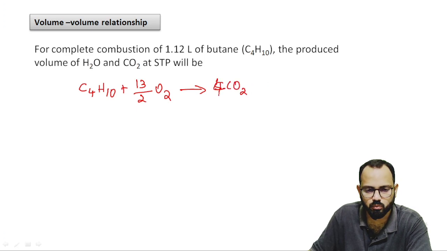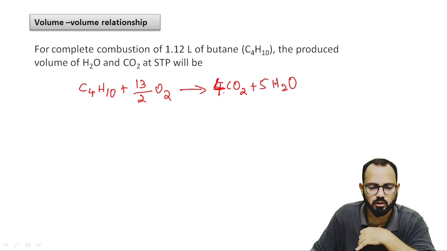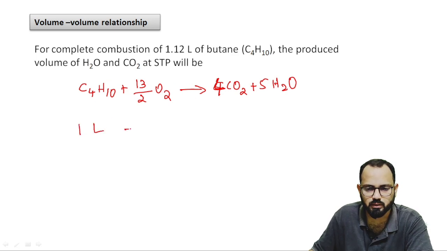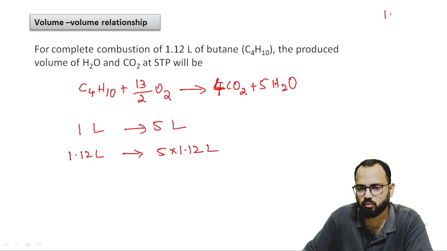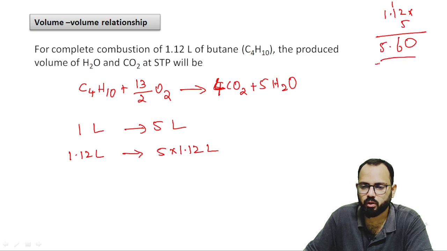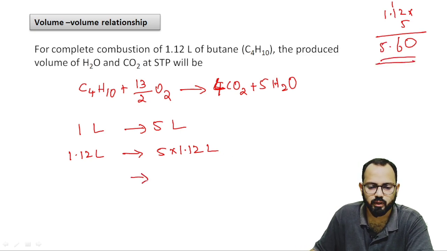Sorry, 4 CO2 plus 5 H2O, right? Yes, it was right. Now 1 liter of butane is giving you 5 liters of water. So 1.12 liters of butane will give you 5 into 1.12 liters of water. That is easy, right? 1.12 into 5 is 5.6 liters. So you are going to get 5.6 liters of H2O.